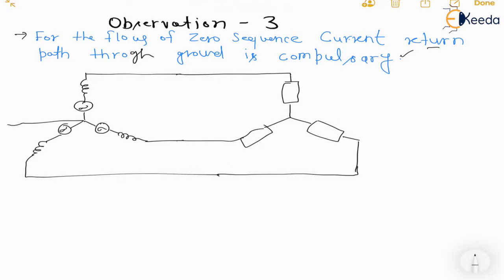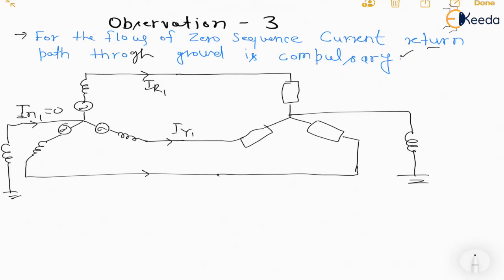So if we draw the positive sequence network like this, then here it will be IN1, the positive component of neutral, equal to 0, and here it will be IR1, here IY1 and here IB1. We also know that IN1 is equal to IR1 plus IY1 plus IB1 is equal to 0. So here it will also be 0, meaning this current will also be 0 ampere.